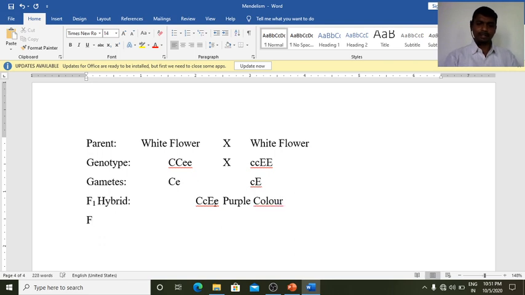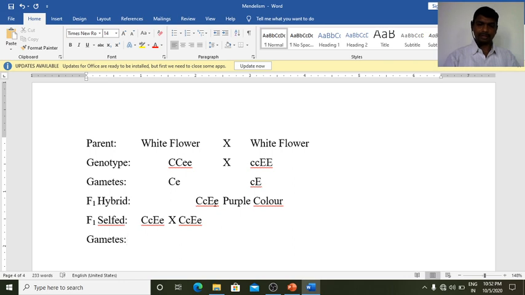When this F1 is selfed, capital C, small c, capital E, small e crossed with capital C, small c, capital E, small e, this we call selfing.